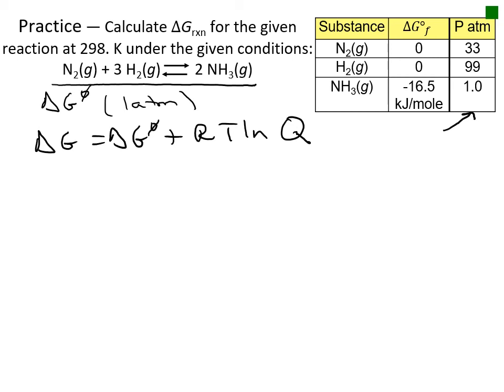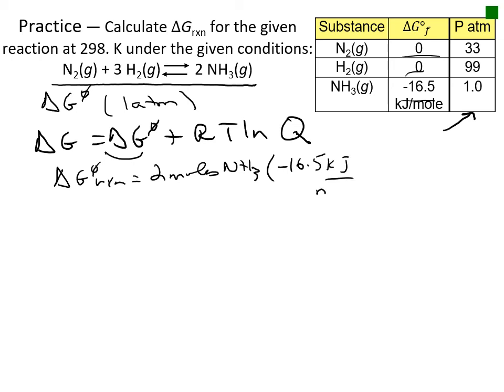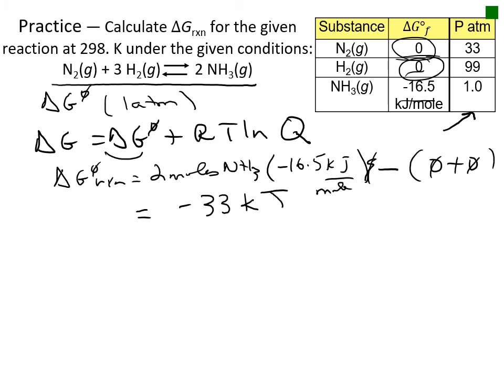Well, delta G naught is going to be products minus reactants. So delta G naught for this at standard state will equal 2 moles of ammonia multiplied by minus 16.5 kilojoules per mole, minus 0 plus 0, because both delta G naughts of formation of hydrogen and nitrogen are 0 because they're elements. And this is going to give us a value of minus 33 kilojoules.